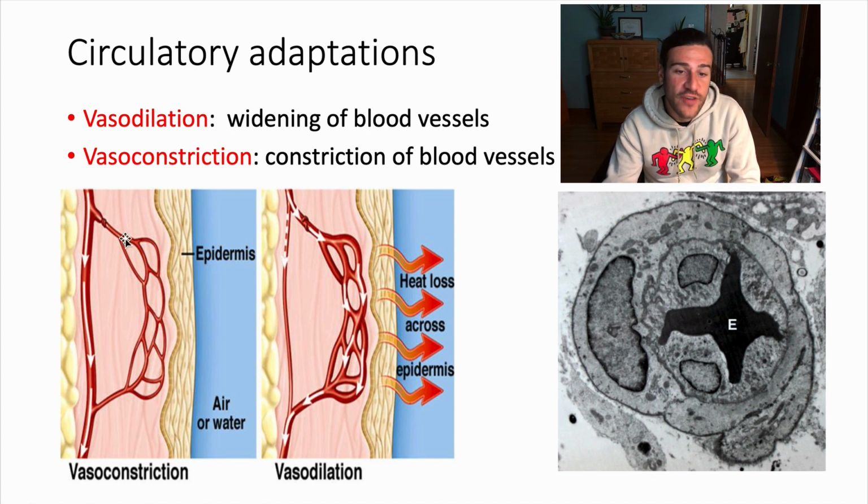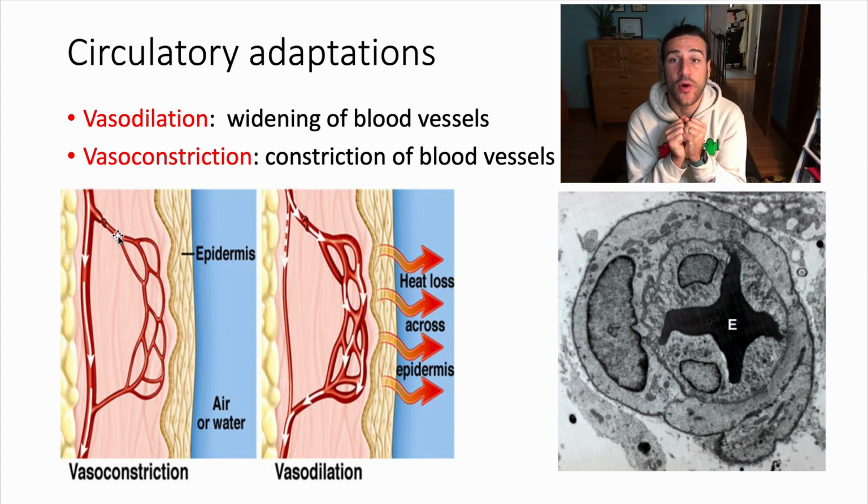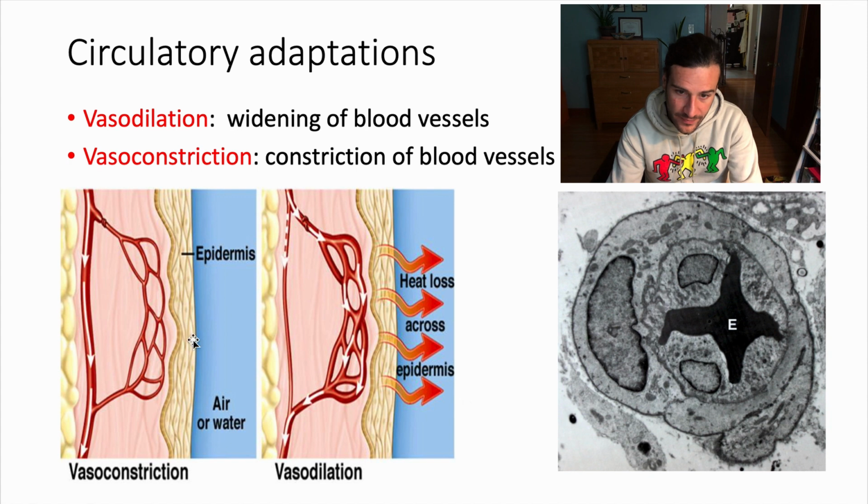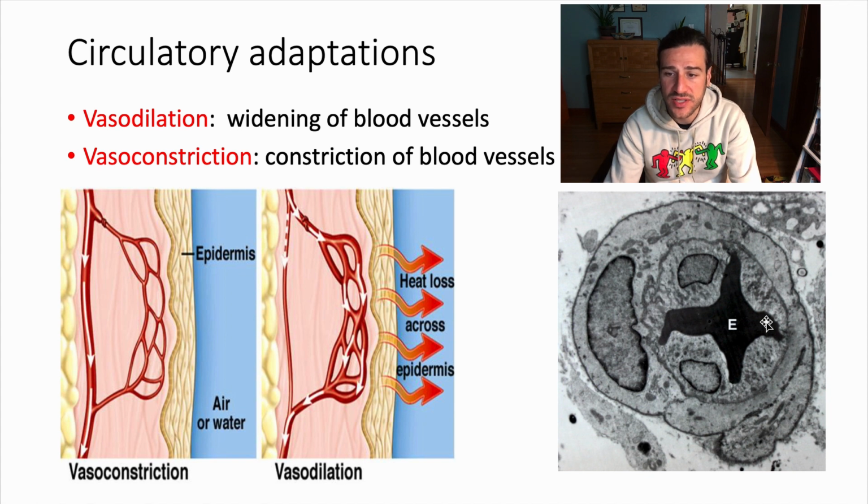There's going to be very little blood going through your capillary beds because your body does not want to lose heat. So vasodilation versus vasoconstriction. The more blood that reaches your surface, the more heat can escape, right? So here's a cross section of one of these sphincter muscles around a capillary right here. So really cool.